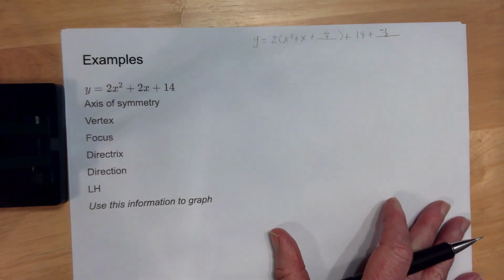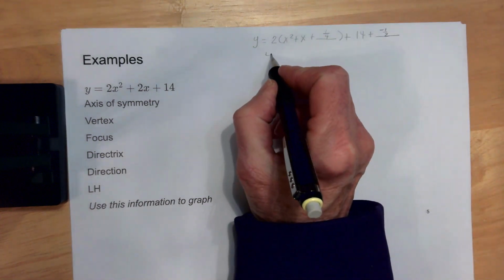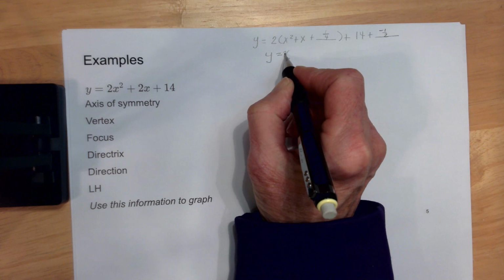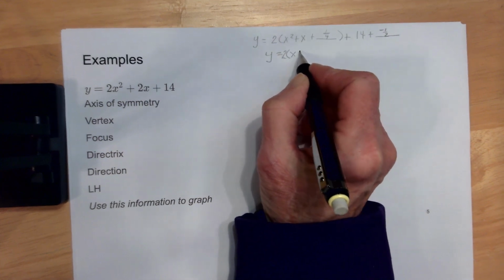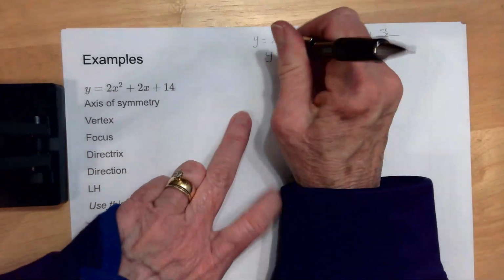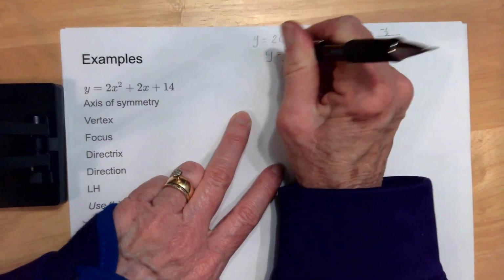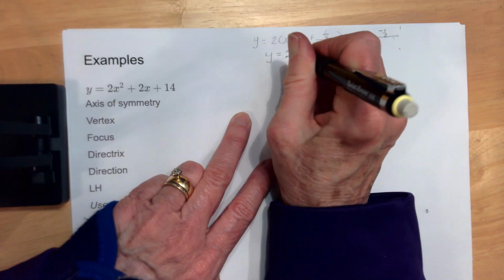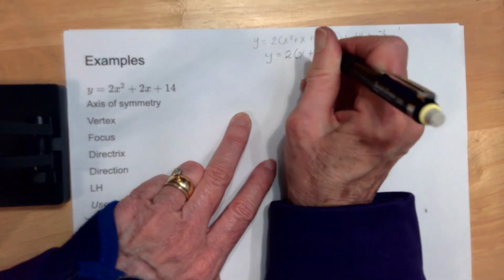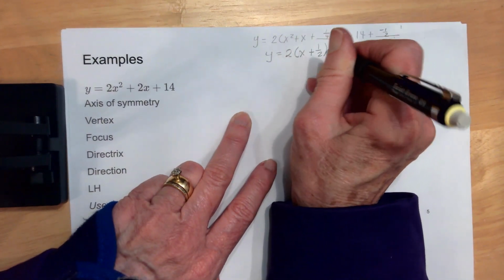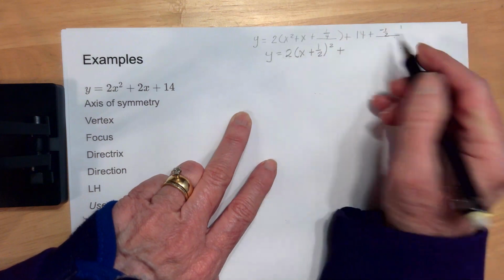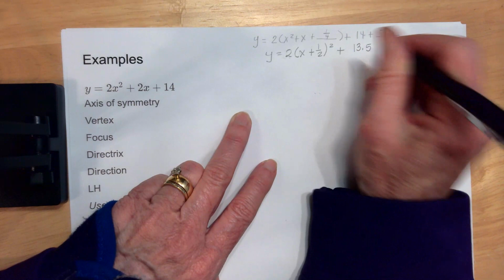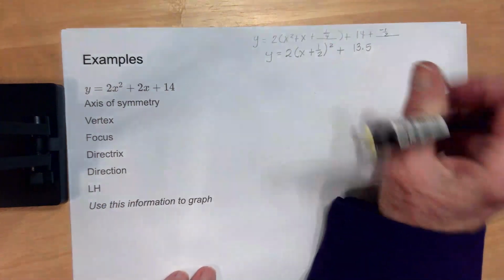Okay, so then I continue to put it in the right form. So I have y is equal to 2 times x plus 1/2 squared plus, and that's going to give me 13.5 here because I've got 14 plus a negative 1/2.